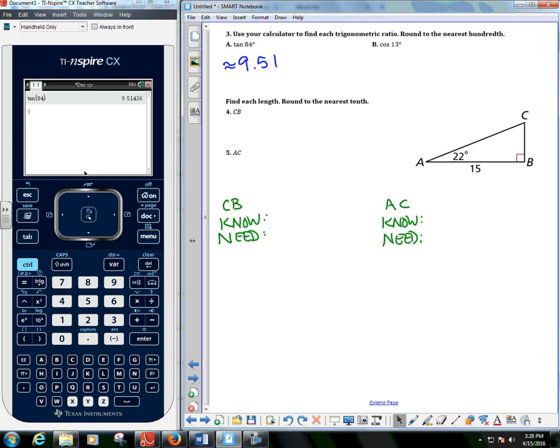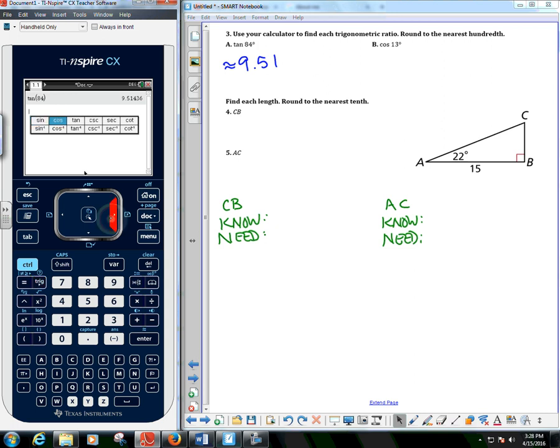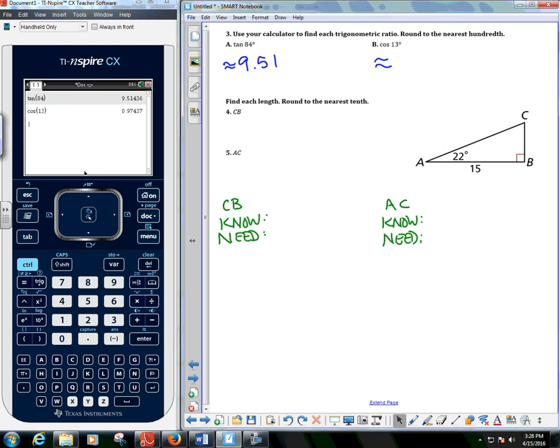So that's what I get for that. We need to find the cosine of 13. So I'm going to hit cosine 13 degrees and hit enter, and that gives me 0.974. Again, 4 is not big enough to round the number in front of it up, so my answer is approximately 0.97.